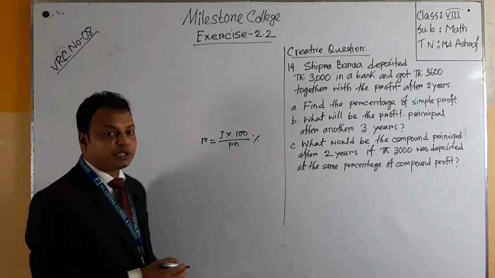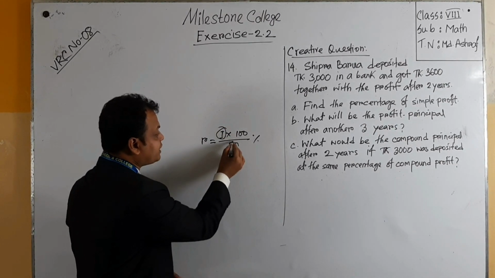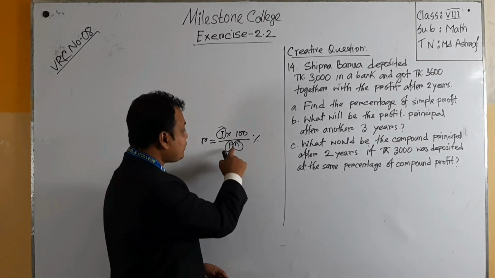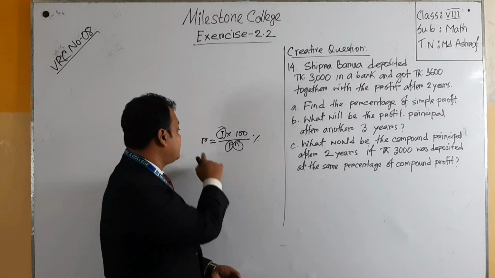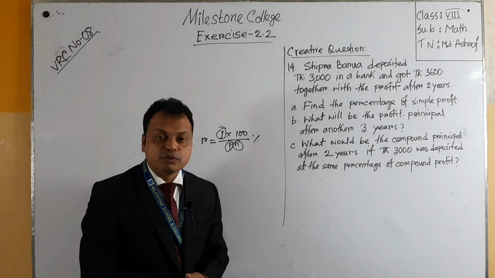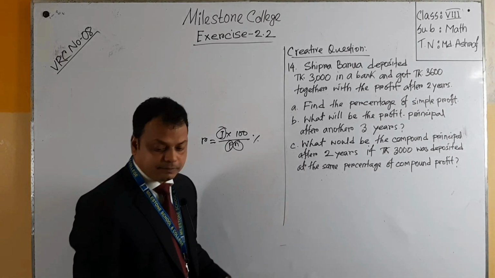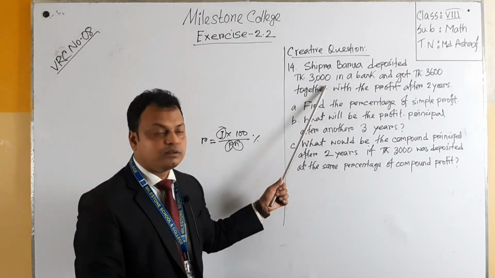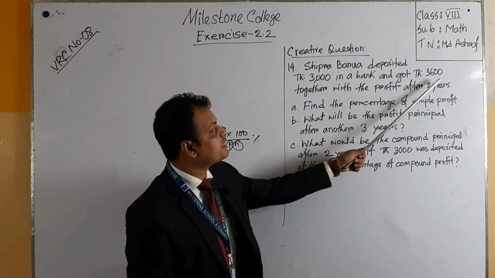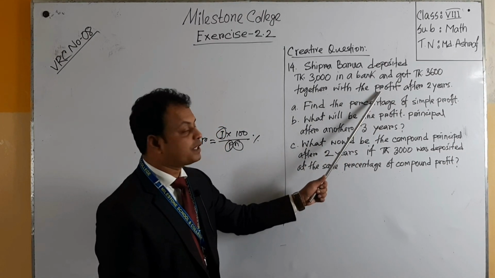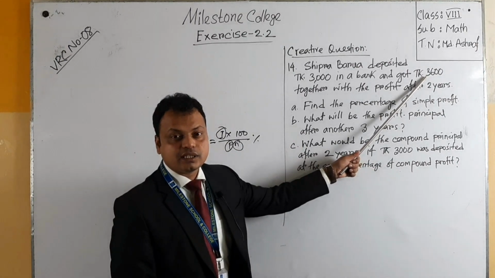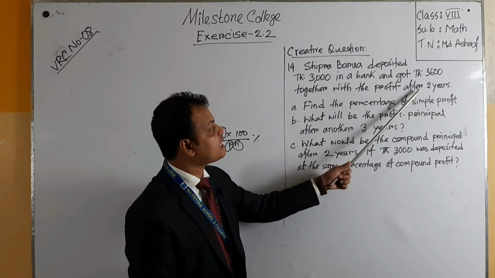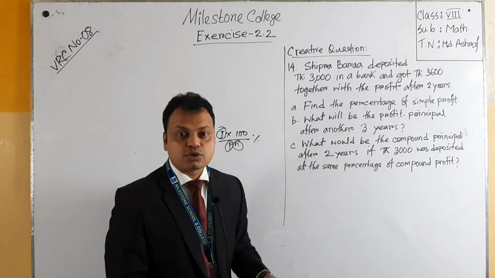So for finding R, we need I, we need P, we need n. If we get these, then we can find the rate of profit, that means percentage of simple profit. So let's check what is given here. Deposited taka 3000, so this one will be the principal, and got taka 3600 together with profit, so 3600 will be profit principal, that means A. And another information is after 2 years, so 2 years is time.